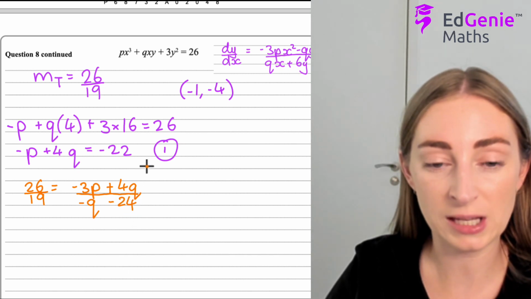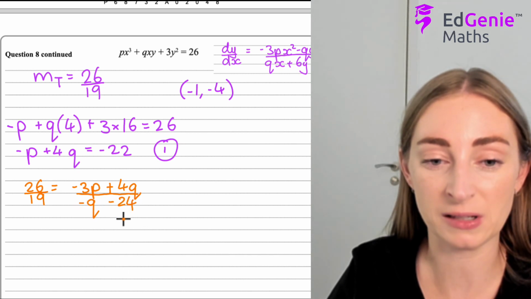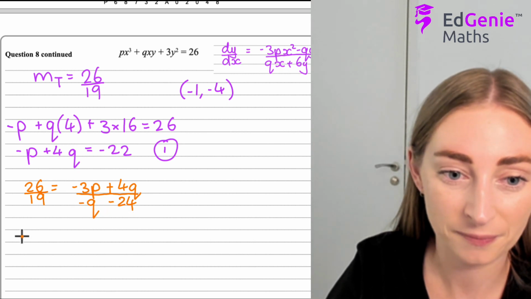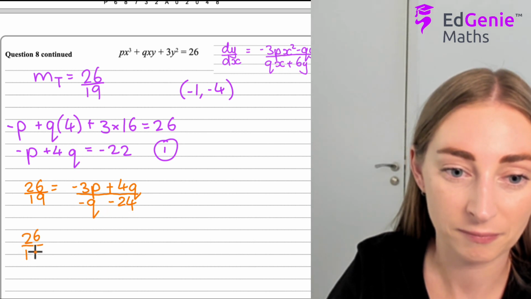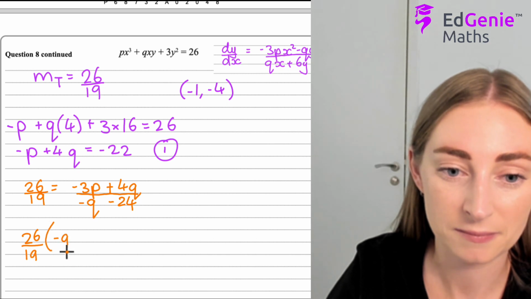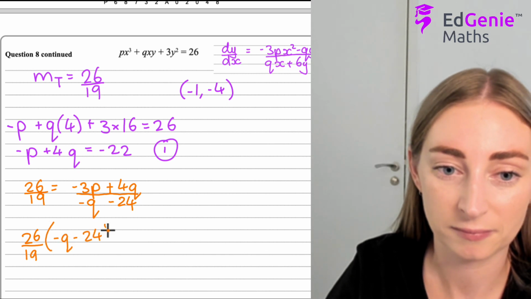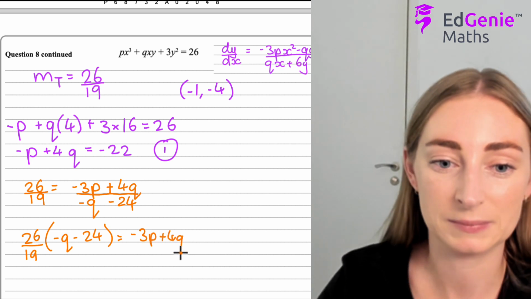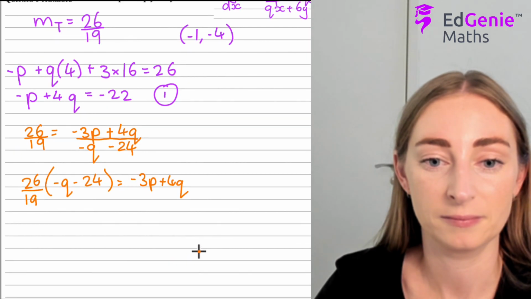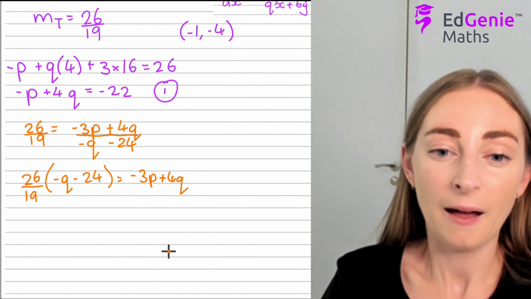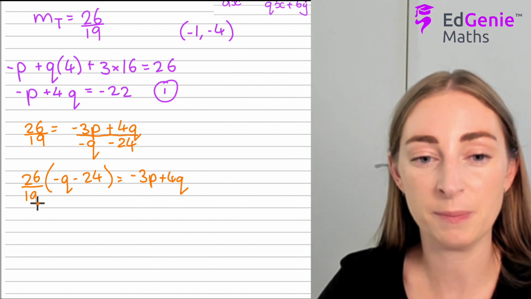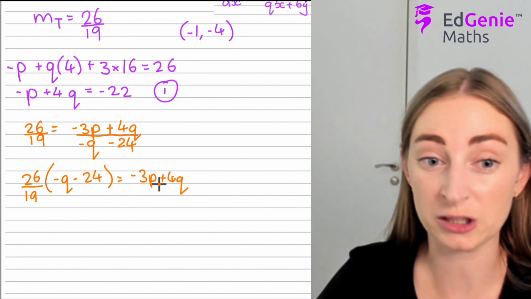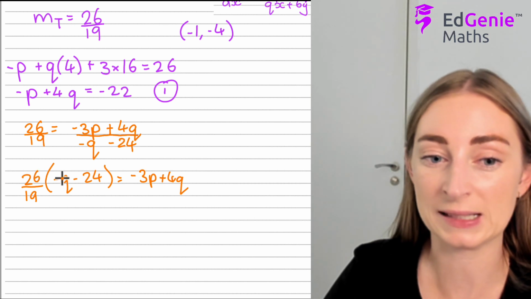Now let's rearrange this. I'm thinking actually I might multiply both sides of the equation by 19, just because then I'm not going to have any fractions, and then I can multiply the 26 out.